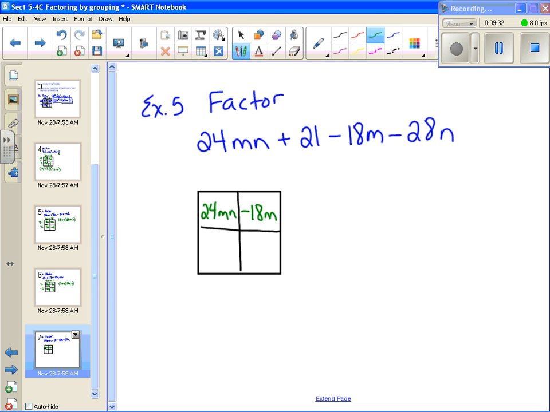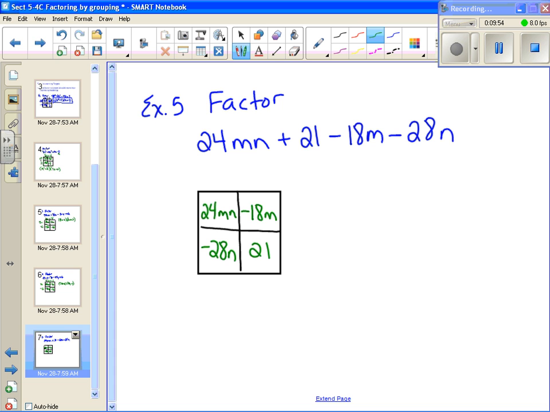And then since I have an n in the first box, then I want my term with an n to be in this box so that the n can factor out that column. So you want to try and put a common variable in the same row or in the same column, and then my constant number is going to be over here. So hopefully this will work for us.